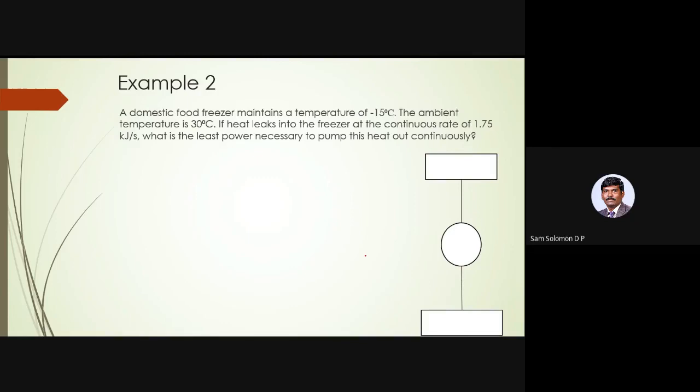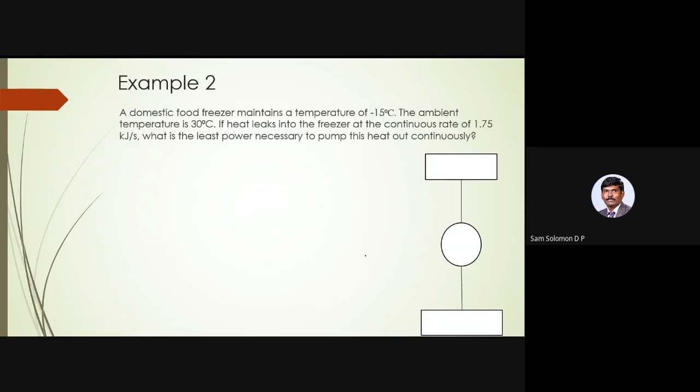So this is a problem pertaining to a refrigerator. Try and draw the line diagram for this particular problem. They have given you the value of T1, T2, and if heat leaks into the freezer at a continuous rate of 1.75, I'm going to remove that heat. So what is given is Q2.